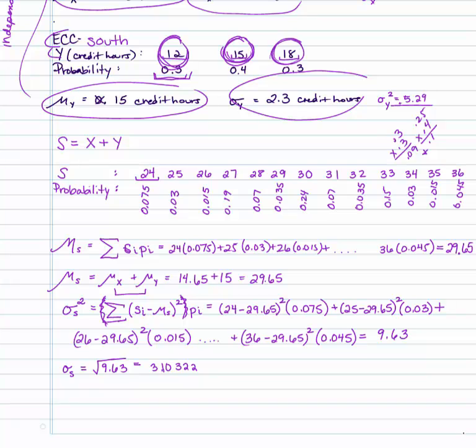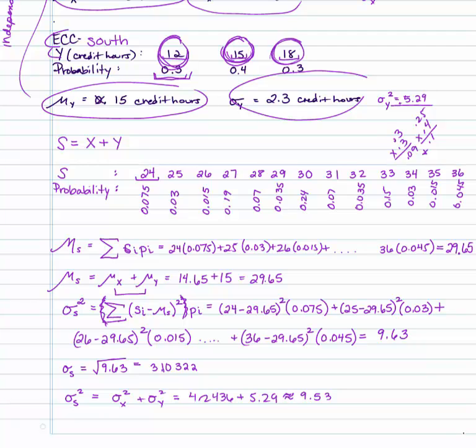If you add these up, the variance of X and the variance of Y, 4.2436 and 5.29, about 9.53, around about.